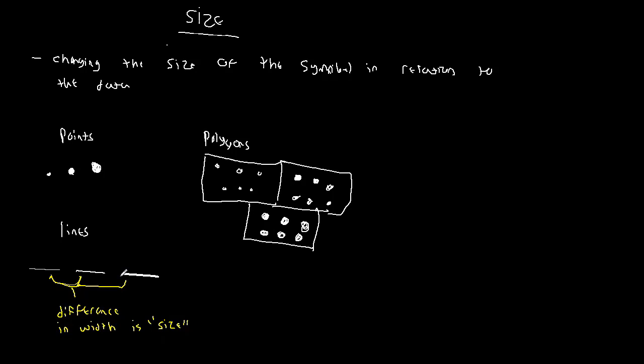So, how does size fit into quantitative versus qualitative? Well, here is, again, where we have the idea of size having an implicit sort of perceptual connection, right? People tend to assume that larger things are more important.